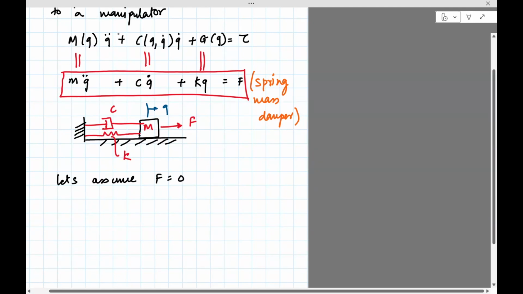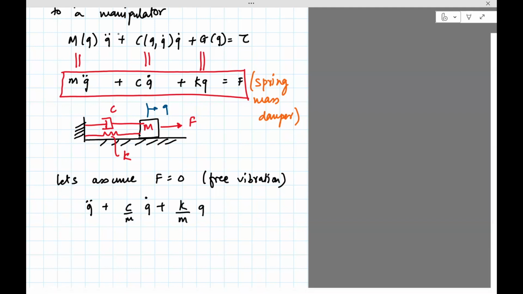So essentially, when you're looking at a spring mass damper system, you're looking at what are known as free vibrations of the system. In the free vibration, the form of the equations would be something like this. I'm just going to move the mass down by dividing throughout by the mass. So Q double dot plus C divided by M Q dot plus K divided by M Q equals 0.